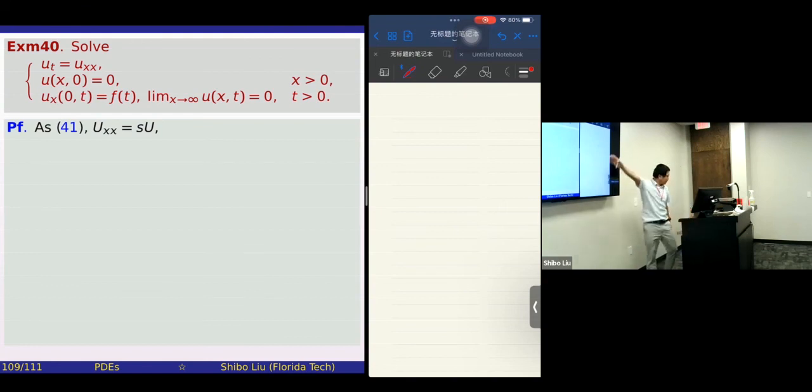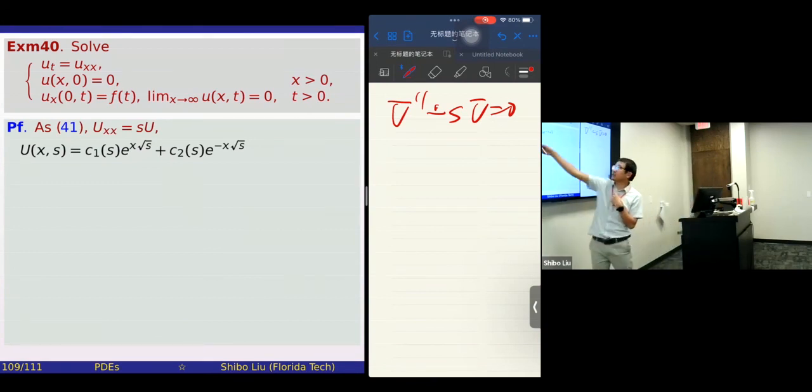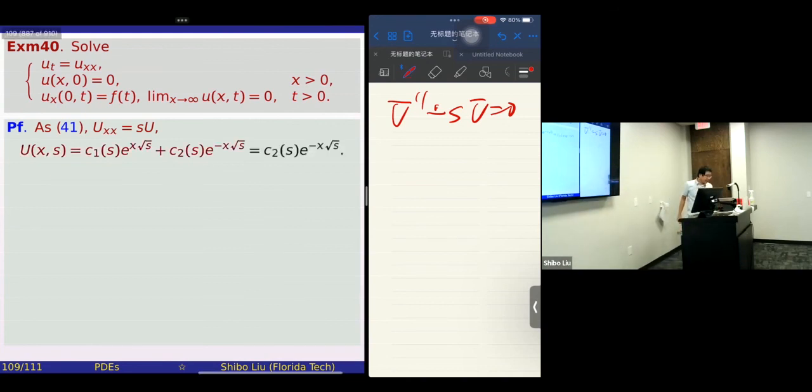So this is a second order ODE. You can write U double prime minus sU equals 0. Then the general solution, as before, is given by a linear combination of exponentials. Of course, the exponentials and the constants also depend on s. And then again, say y is 0 because of this condition.